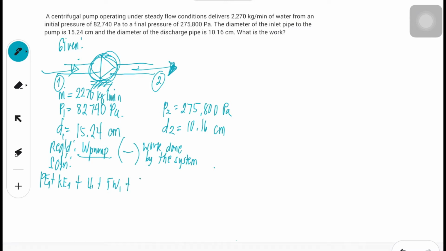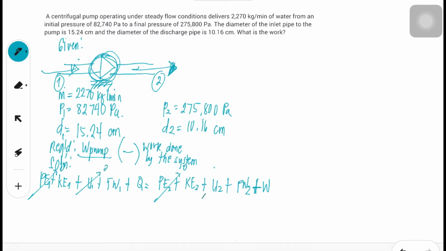Usually, the heat here is the input, and the leaving is the kinetic energy plus the flow work at point 2 plus the work done. Since in the problem there is no potential energy, it is 0.